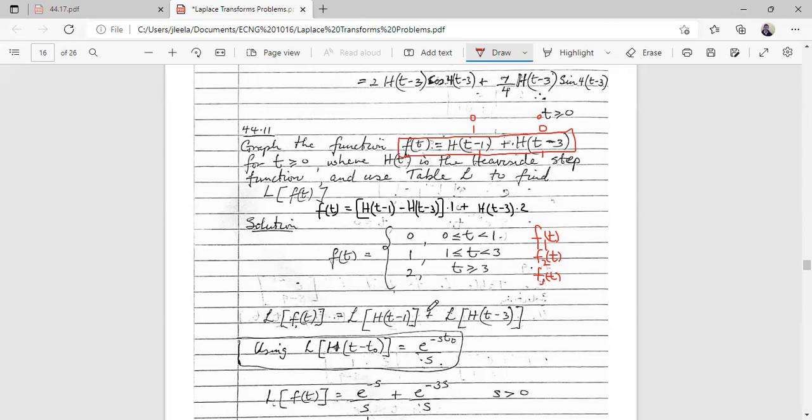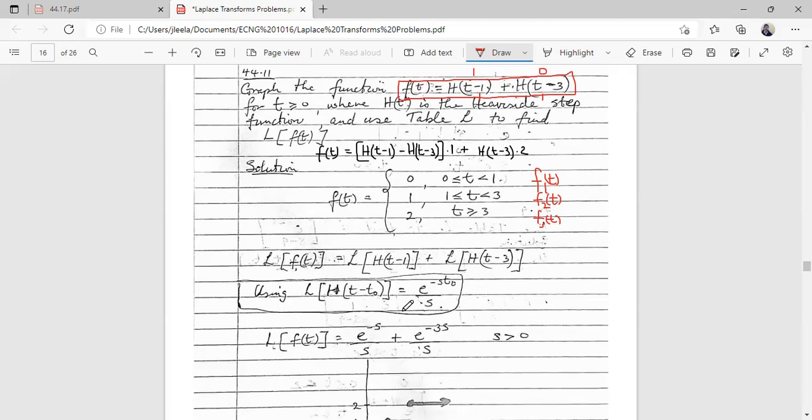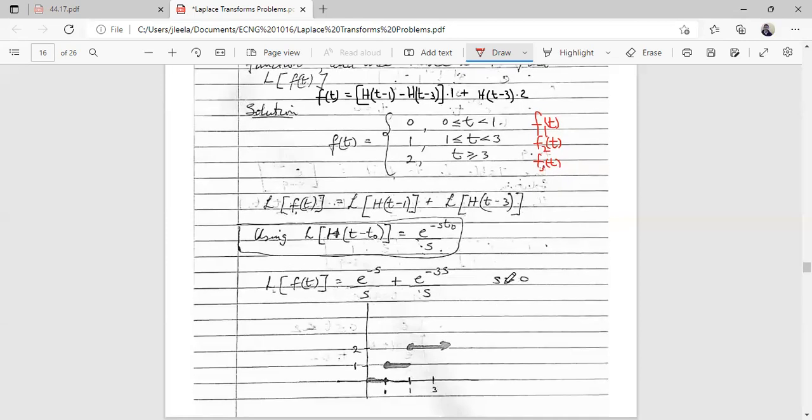So I'm just showing you how to work back and derive it. So you take the Laplace of the Heaviside at t minus 1. And the Laplace of the Heaviside t minus t naught is e to the minus s t naught over s. So this will be e to the minus s over s. And this one will be e to the minus 3s over s, and s is greater than 0.